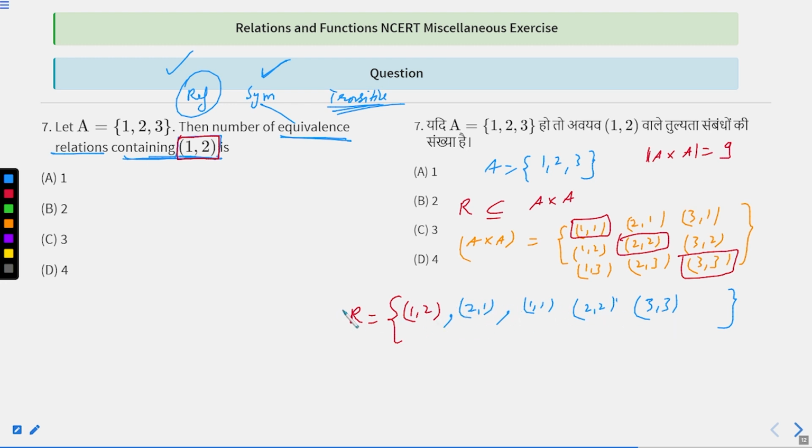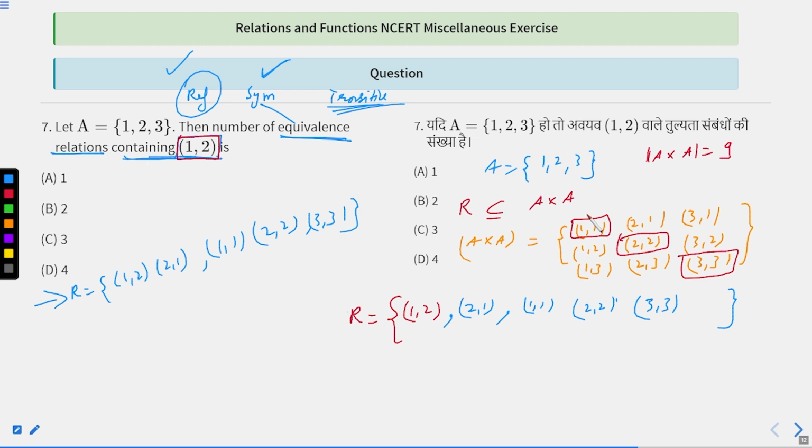So indeed, yes, this is reflexive. So one relation will be my (1,2), (2,1), (1,1), (2,2) and (3,3). One relation is this, and by definition you can say that it is reflexive, symmetric and transitive. Okay. Can you construct another one?